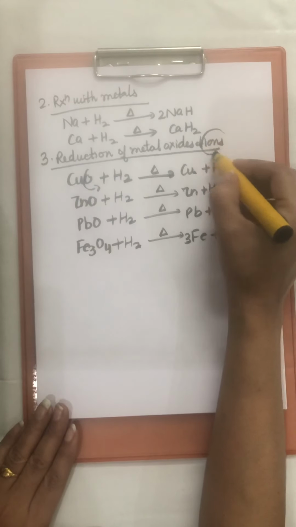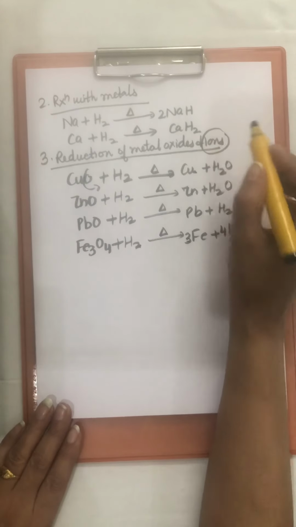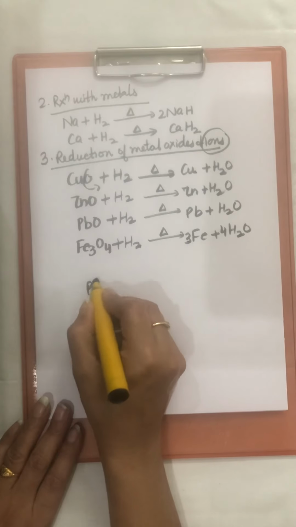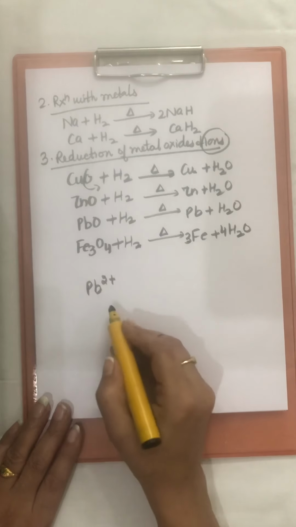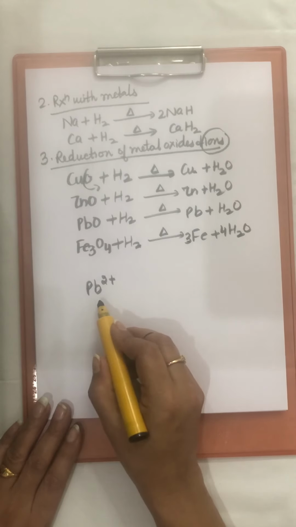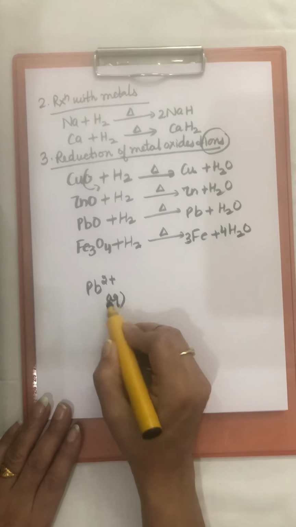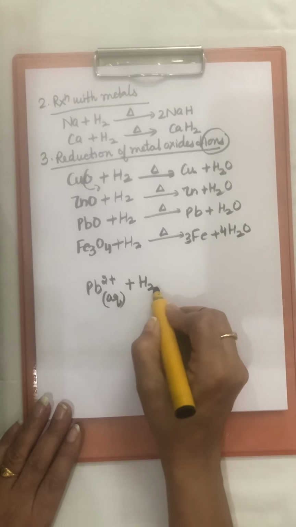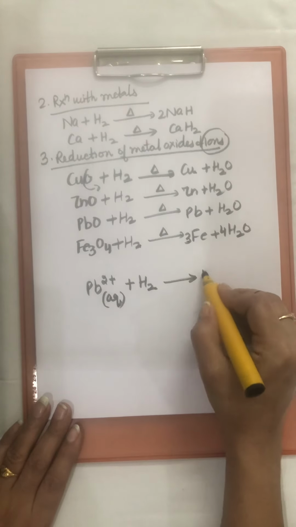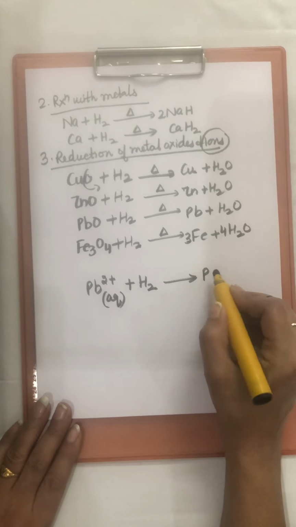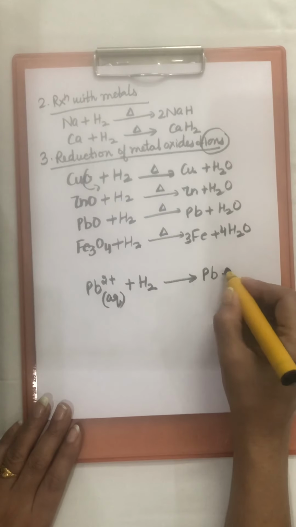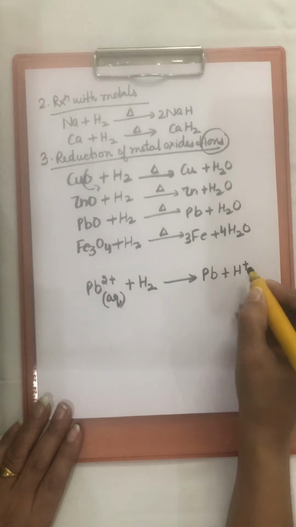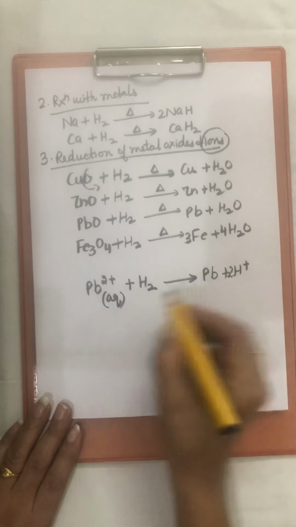Now come to the reduction of metal ions. Dihydrogen also reduces some metal ions in aqueous solution. So when we take any lead salt in solution form and add hydrogen gas, it changes it to metal form.